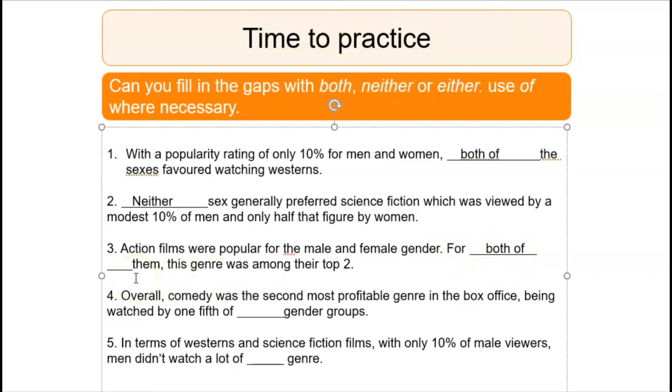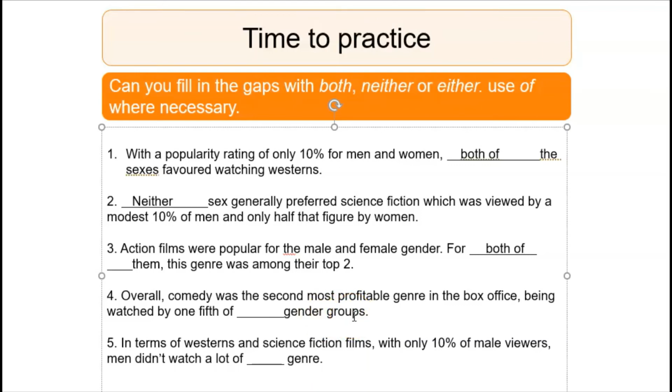Okay. Number 4. Overall, comedy was the second most profitable genre in the box office, being watched by 1/5 of, we have gender groups. Okay, so gender groups is plural, right?